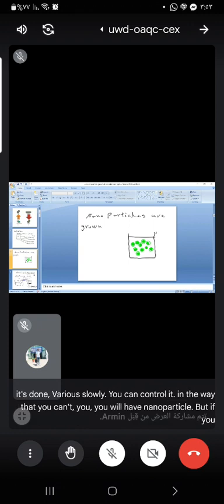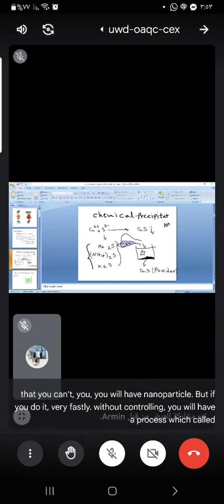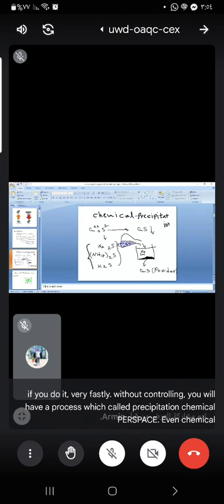But if you do it very fast without controlling, you will have a process called chemical precipitation. During chemical precipitation, your particles grow very fast.